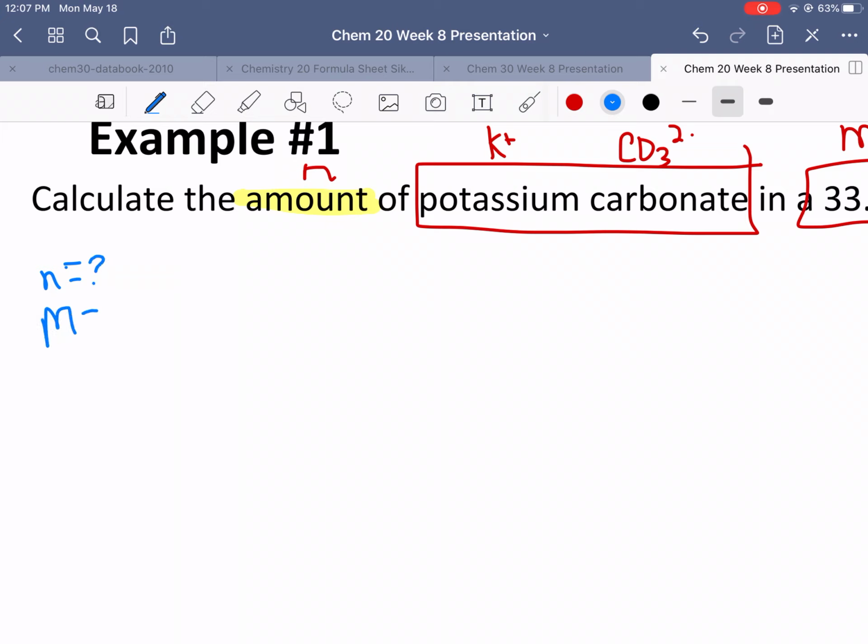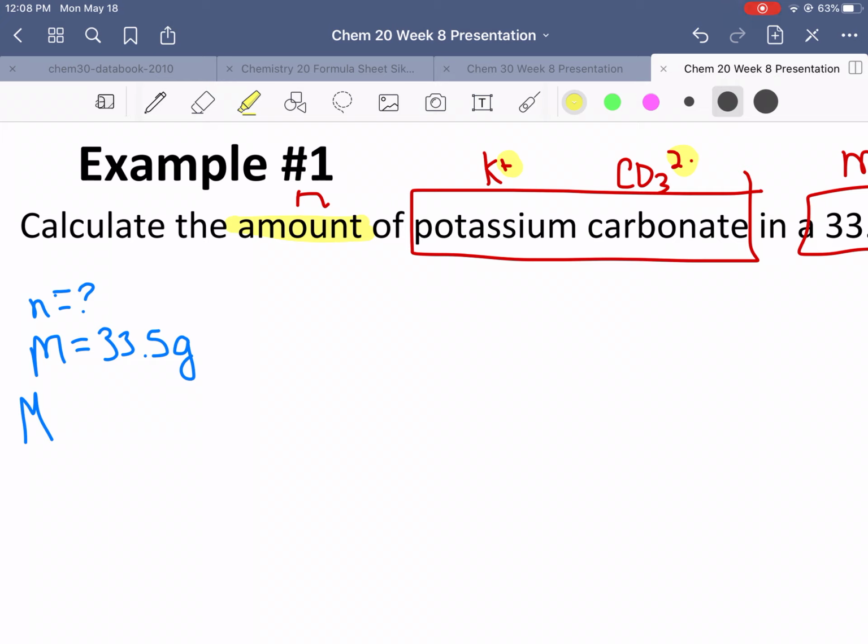Well, we've been given a mass of 33.5 grams. We need the molar mass, of course. I always, after the big M, if you remember this, I write my formula. So looking at the charges, positive 1, negative 2, drop and swap, we're going to need 2 potassiums and 1 carbonate.